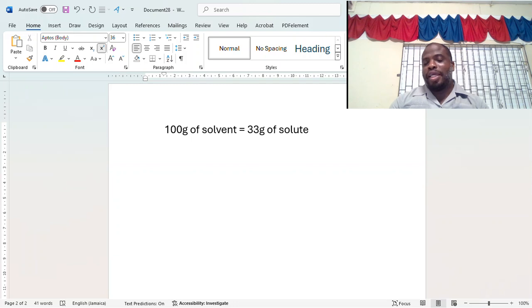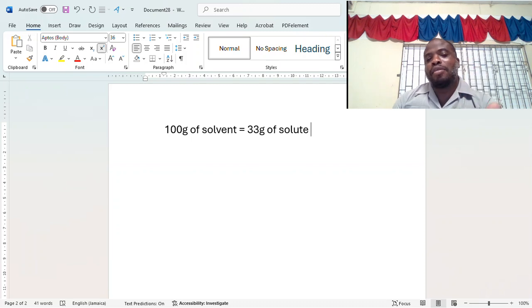Now the question is, remember the temperature is being kept constant. If I now have 350 grams of water, which is the solvent, would I need more or less solute to saturate it? Ask yourself that question.